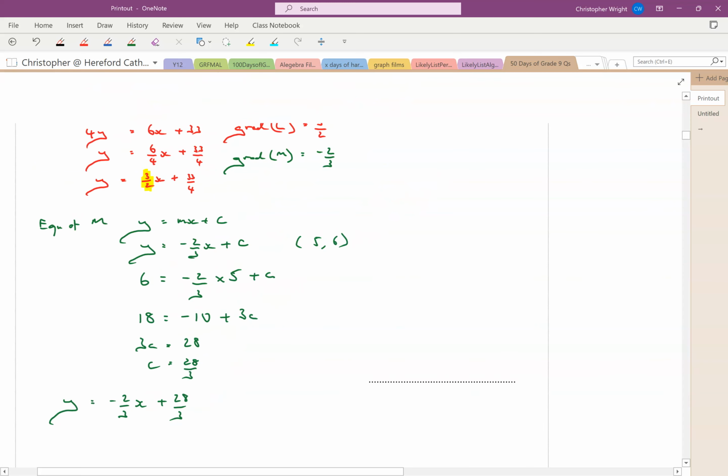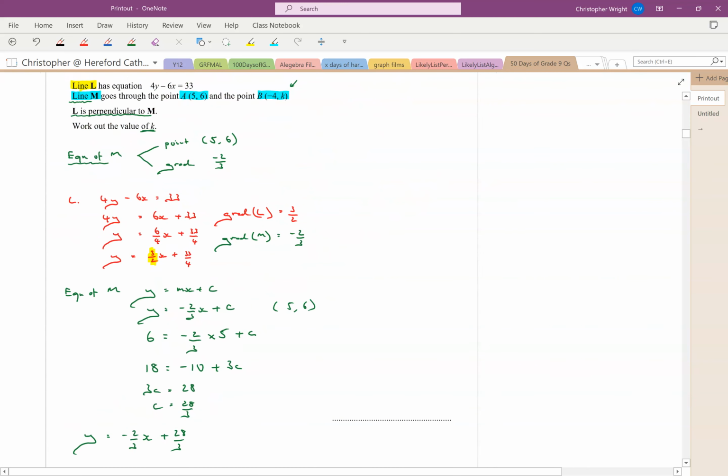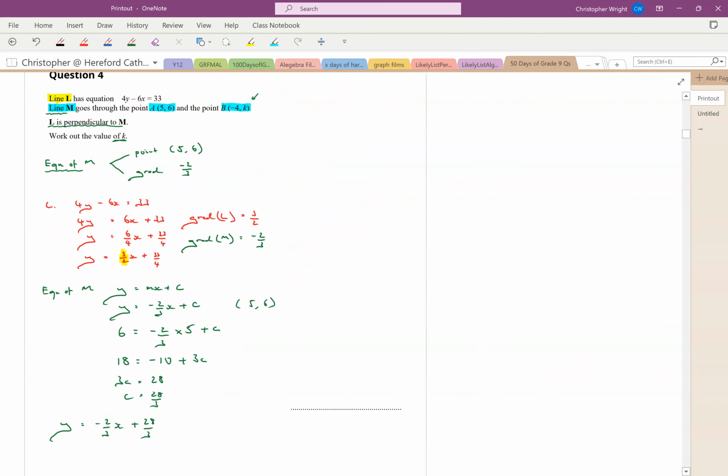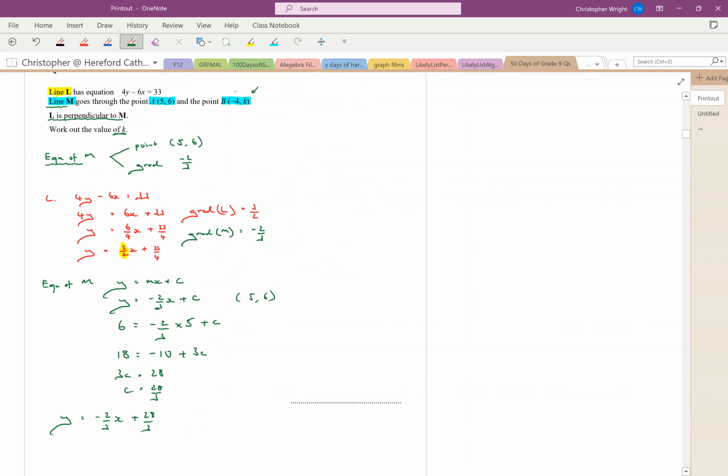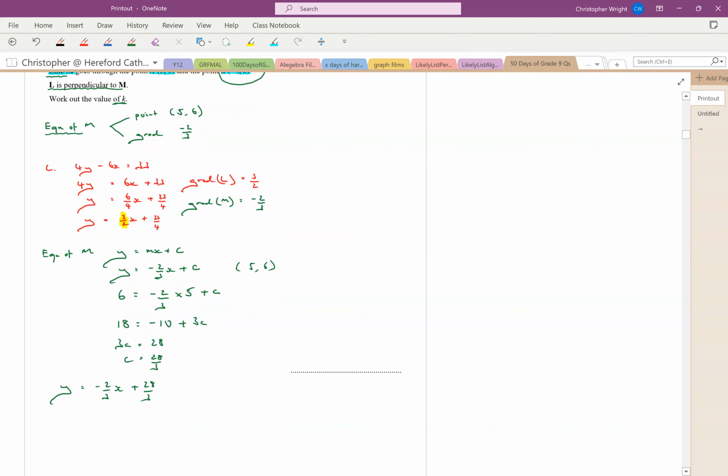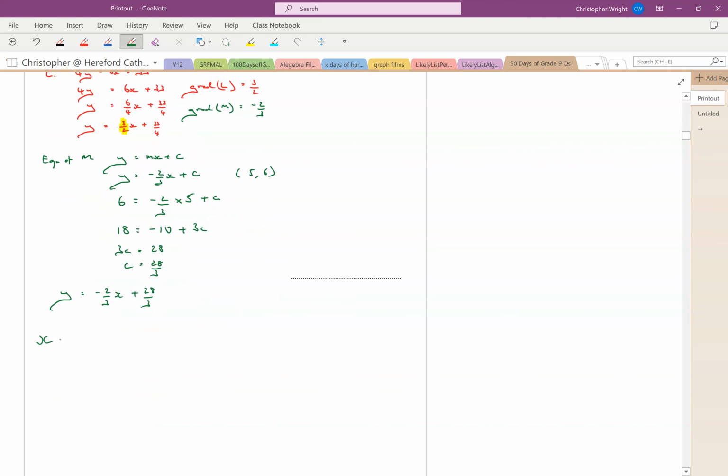Now what was the question? The question was find k. And k is the y coordinate when x is -4. So let's put x as -4 in here, shall we? X equals -4. And let's use the equation of the line to find out what y would be. It's going to be -2 times -4 over 3 plus 28 over 3.